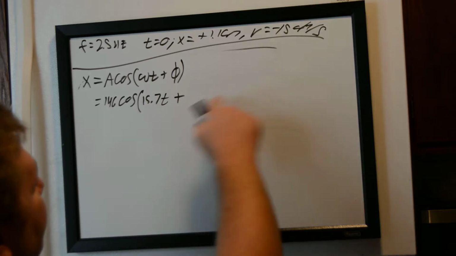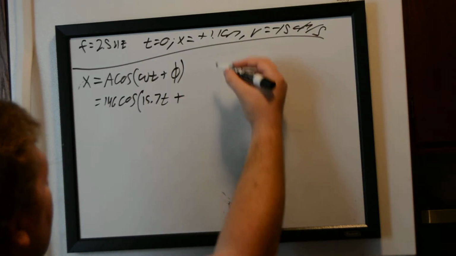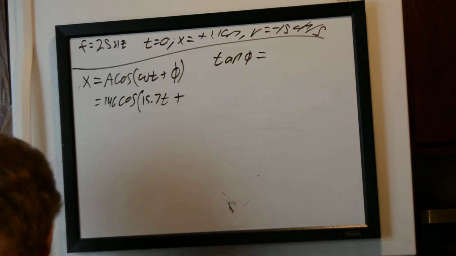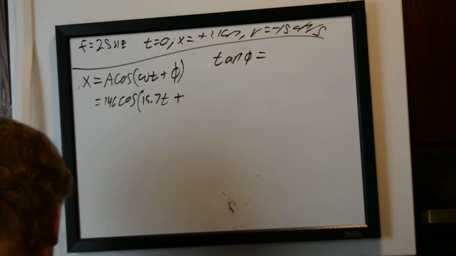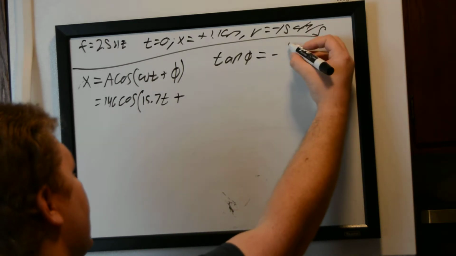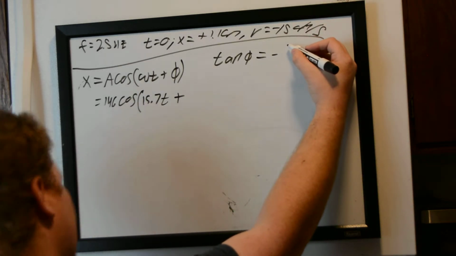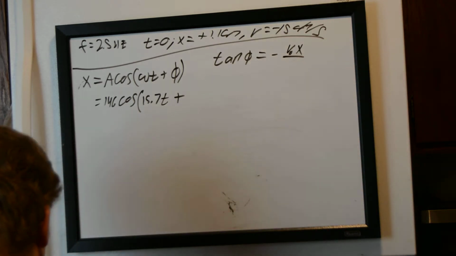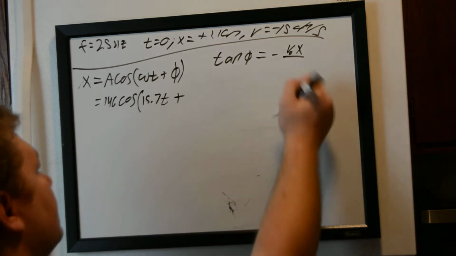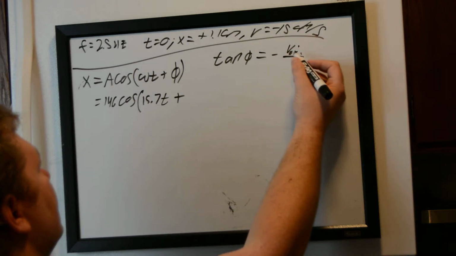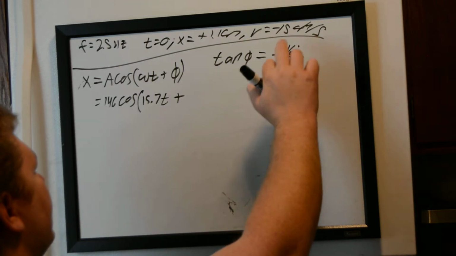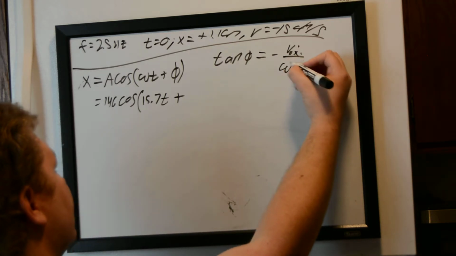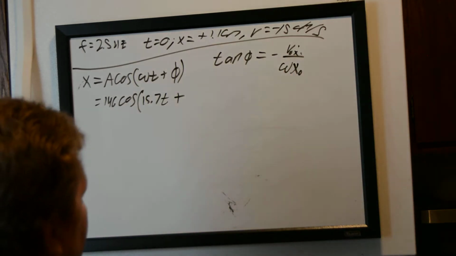we have to actually find phi. I forgot to do that at the start. So we know that tangent of phi is equal to negative, and this is an equation from the book, negative starting velocity over our angular velocity times our starting position.